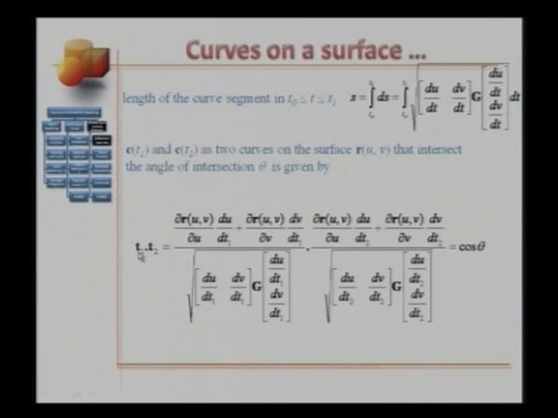And since T1 and T2 are unit tangents, this dot product is simply the cosine of the angle between them.